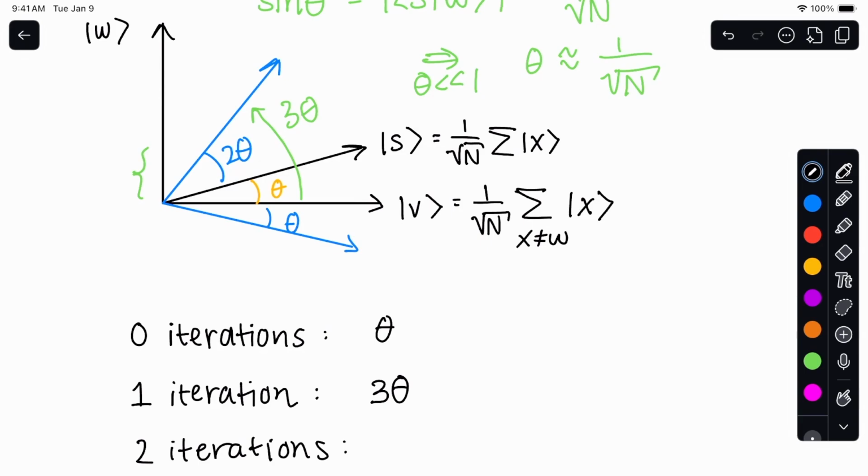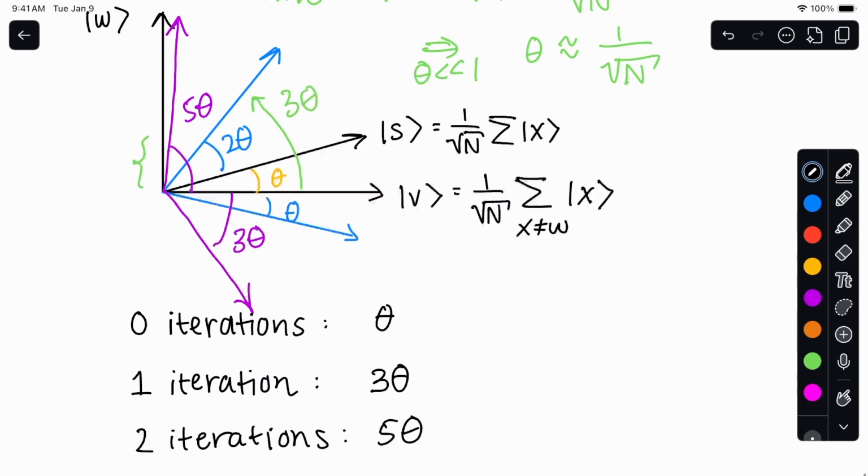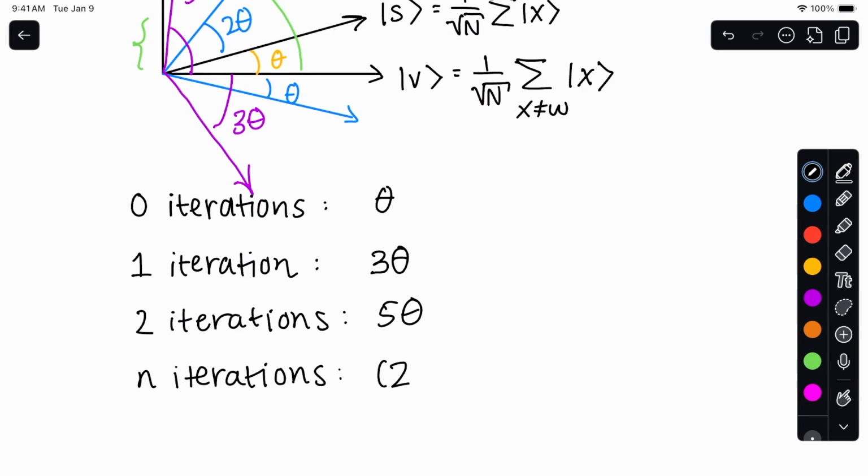And if we were to do this again, so now we apply the phase flip oracle, that would send us down to here, which would be minus 3 theta. And then if we flip over S again, then this angle would be 5 theta. And if you keep doing this, what will end up happening is it will just keep going up by 2 theta. So after n iterations, the angle will be 2n plus 1 times theta.